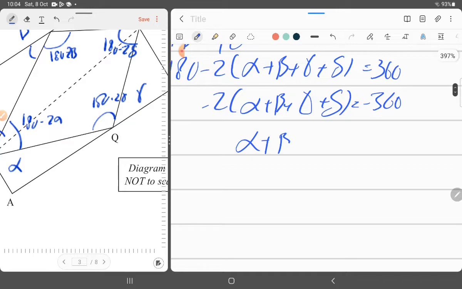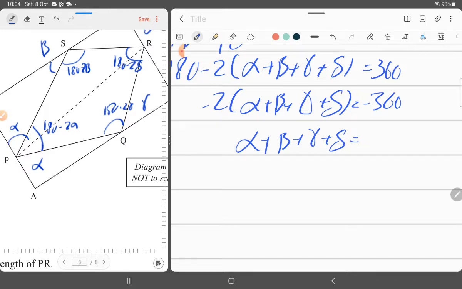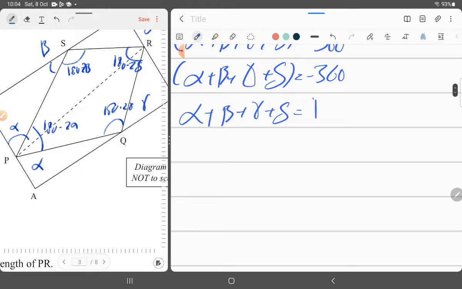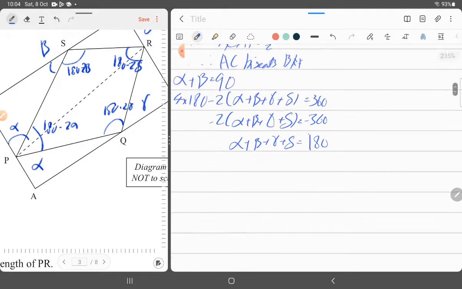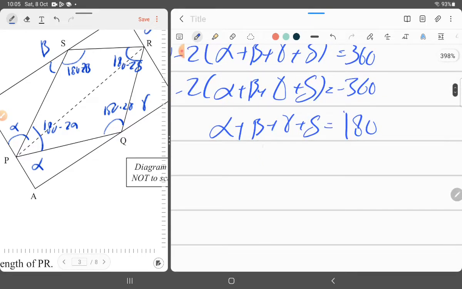Alpha plus beta plus gamma plus delta is equal to 180. Actually, no, we'll get back to the start.